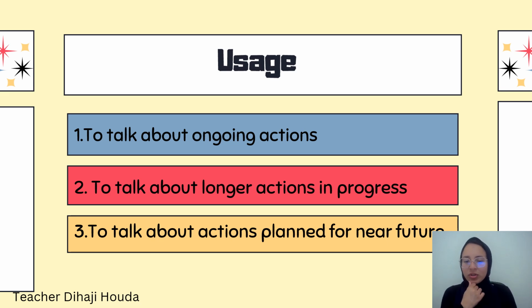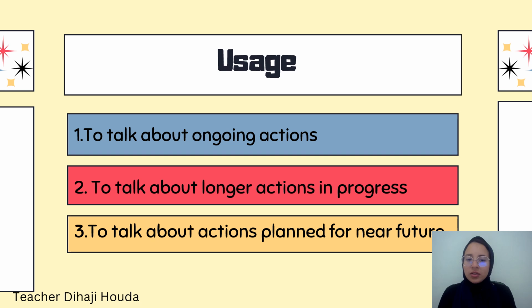Now what's most important is the usage of the present continuous. So you would ask me, why, teacher, are we using the present continuous? And why not use the present simple? We've seen the present simple already. It's present, right? It's the same time. But what's the difference?